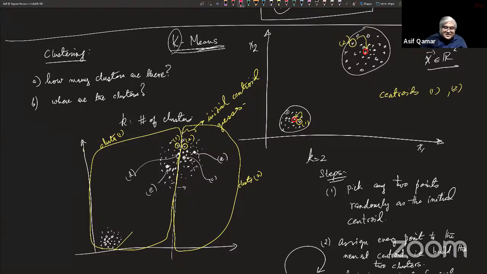Would you agree that the centroid for cluster 2 would be somewhere around this point? Is that where the center of gravity of those points is? Does this look reasonable, guys? Yes, sir. So 2 has moved here.